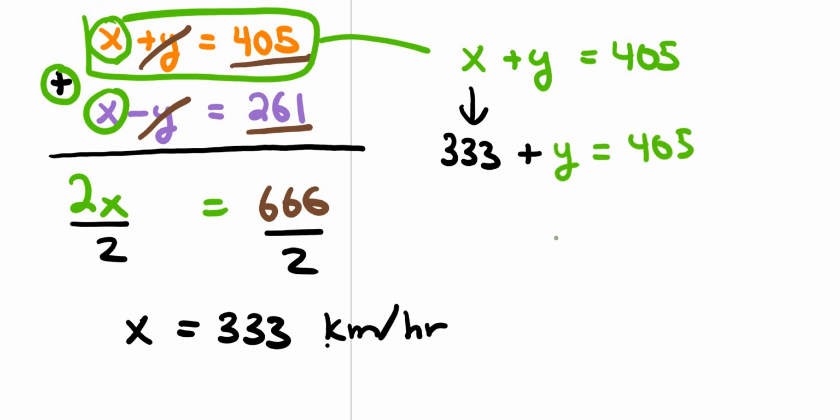And we can now go ahead and find the speed of the wind. And the speed of the wind should be smaller than the speed of the plane, right? So when a plane is actually flying, if the speed of the wind is too great, then the plane wouldn't be able to fly, right? So the speed of the wind has to be smaller than the speed of the plane. So the speed of the wind is 72 kilometers per hour.